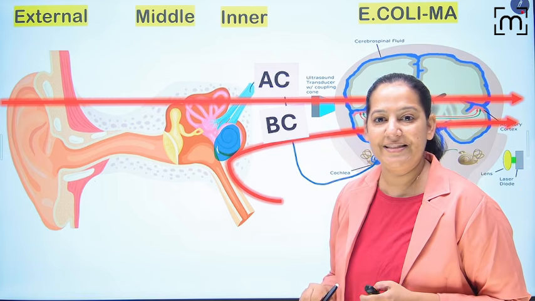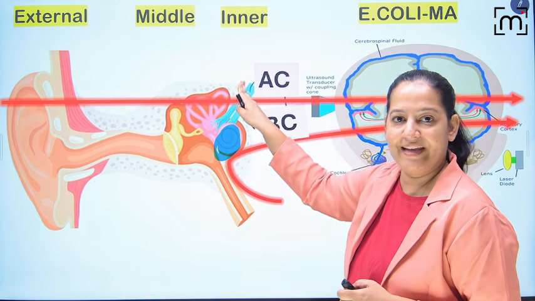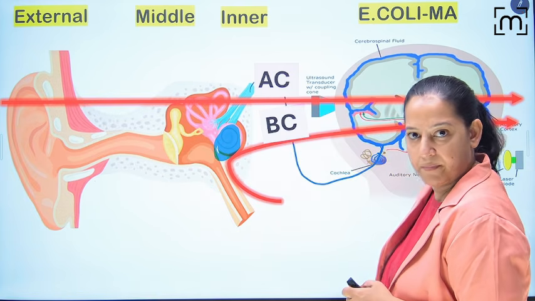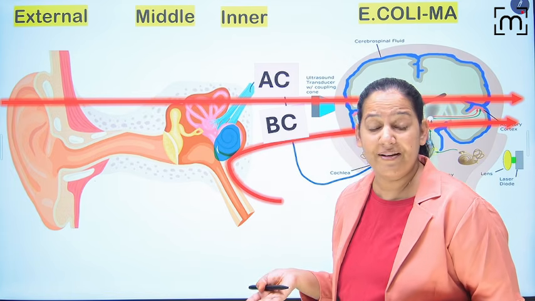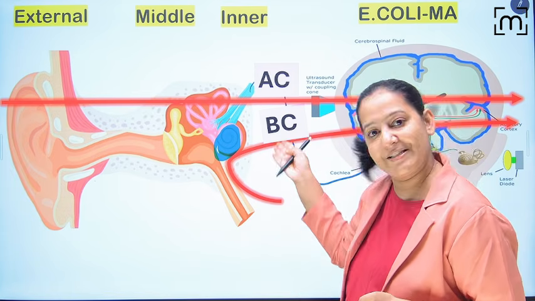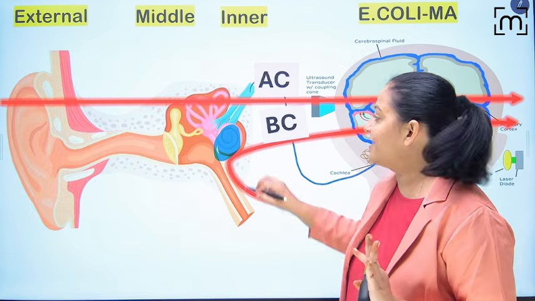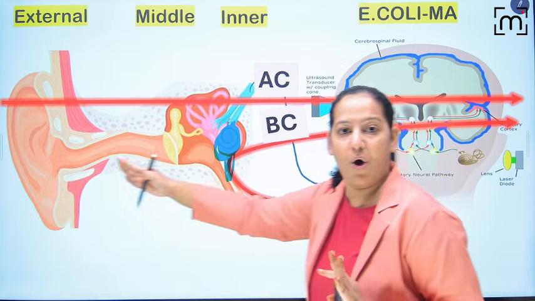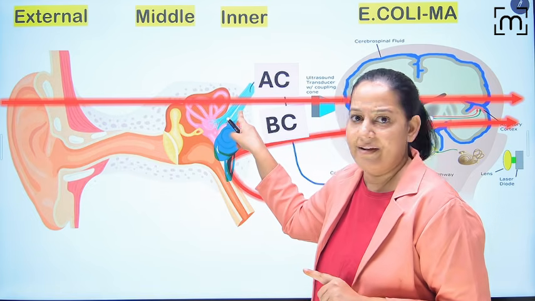Now do AC and BC. In AC, there is no problem till here. After that, there is a problem. In BC, there is a problem from the beginning. So you tell me, what is the consequence? Of course, AC is greater than BC, like normal. Because in sensorineural deafness, we have the defect over here, not here. So in AC, from here till here, there is no problem.